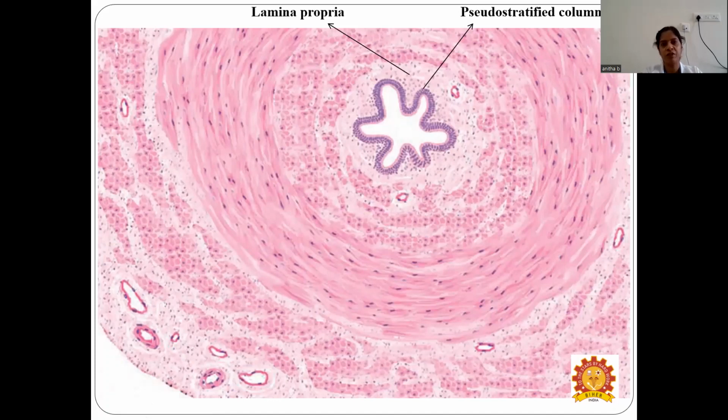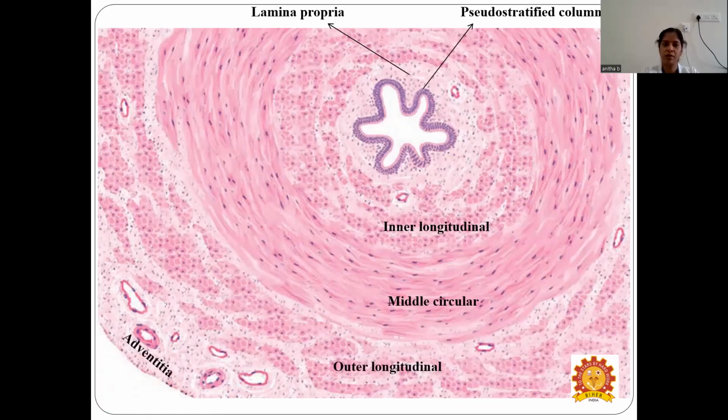It is made up of collagen fibers and elastic fibers. What is the next layer? That is the muscle layer. How many layers are there? Yeah, 3 layers are there, no? They are inner longitudinal, outer longitudinal, and middle circular layer. Okay, so this muscle fiber layer is very thick. So inner longitudinal, middle circular, outer longitudinal.